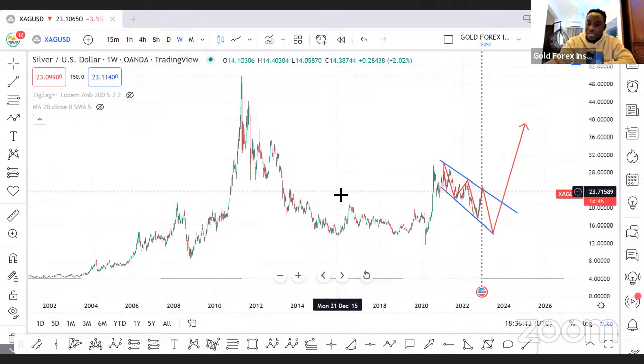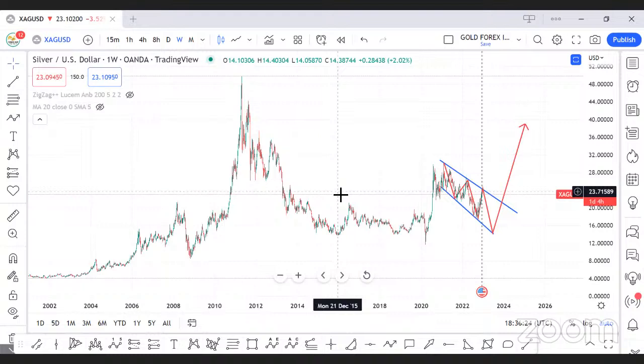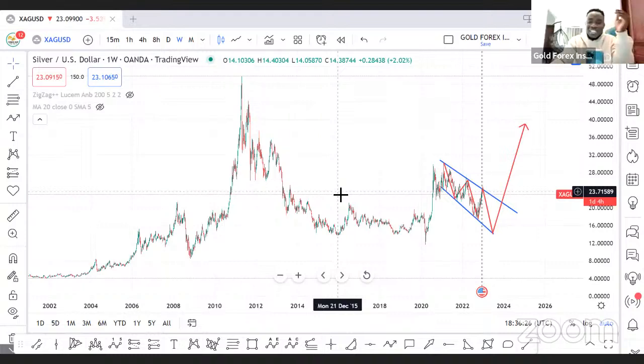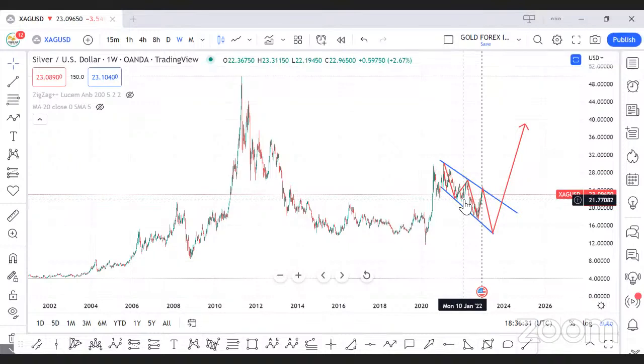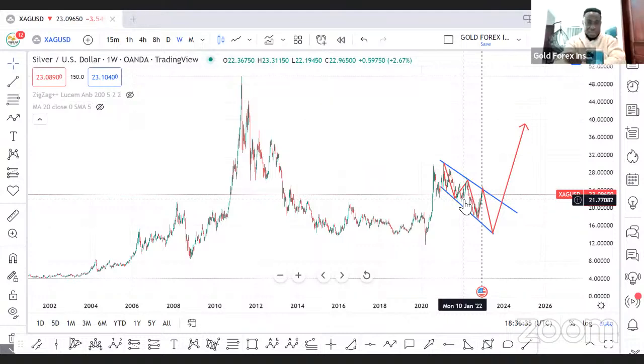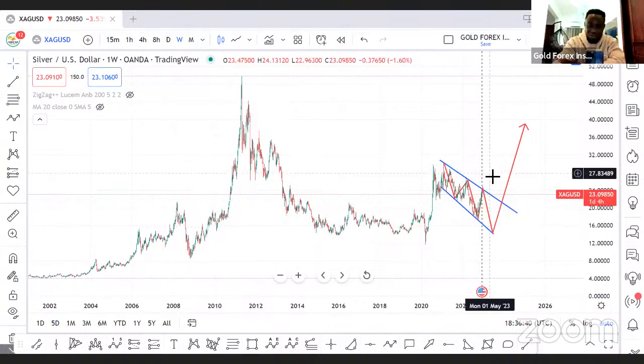I was sweating. But at the end of the day, I made a lot of profit on that trade. I remember that's about 2 years ago. That trade alone gave me almost 6,000 USD.